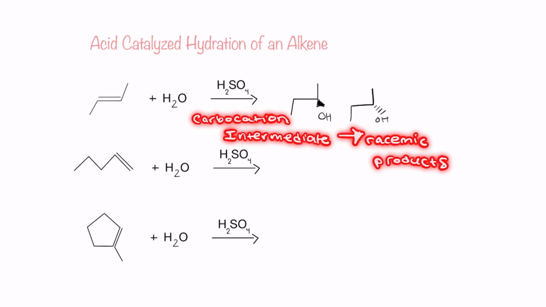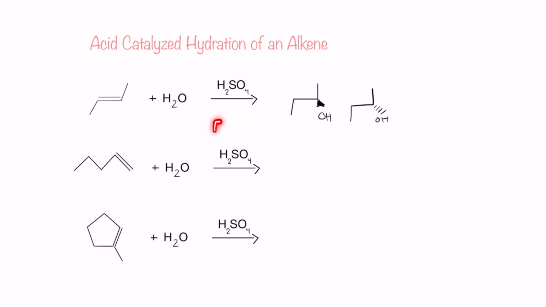And that's because if we take a look at our carbocation intermediate, this carbon over here is going to be missing a bond. So when the water group is going to come and attack, it can either come from the front and form this structure, or it can come from the back and form this structure. So we say that there is no stereoselectivity.